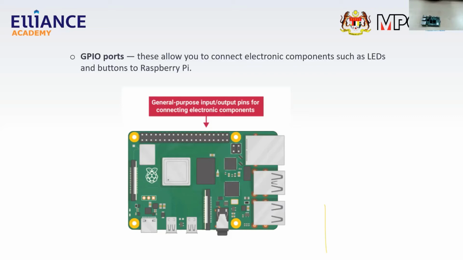This Raspberry Pi has 40 male GPIO pins. So these are the 40 pins here. That supports only digital input and output. It doesn't have analog output. So these pins are for you to connect to your external components.